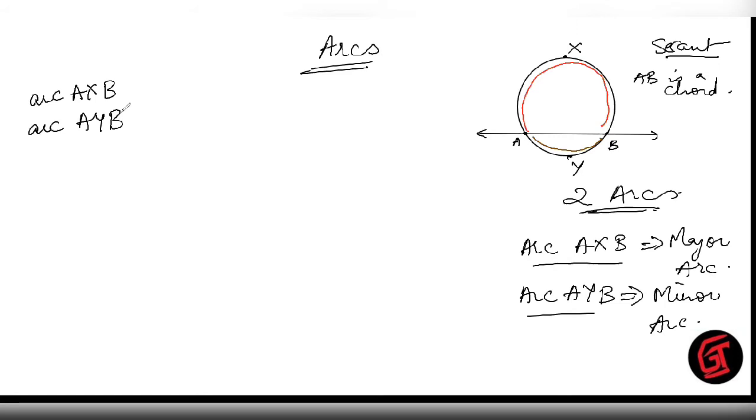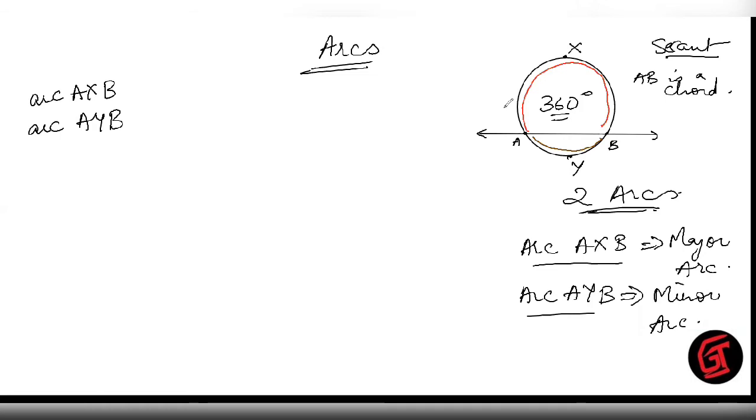Now, measure of an arc. The total measure of a circle is 360 degrees. How do we know? If you want someone to turn all the way around, we say turn 360 degrees.